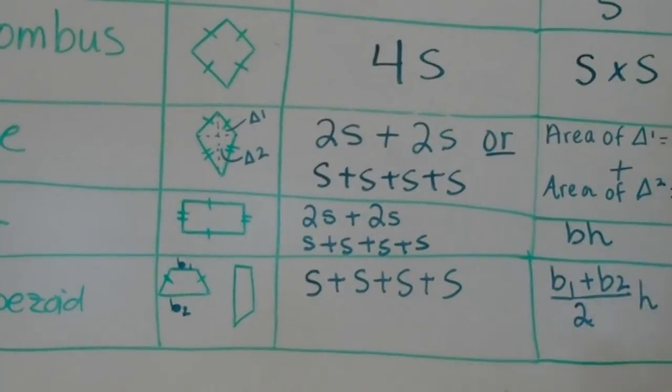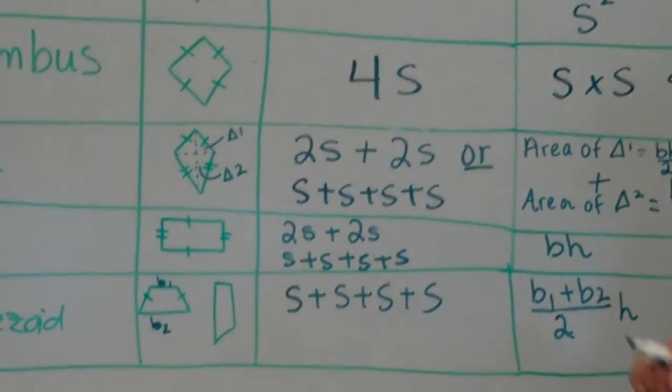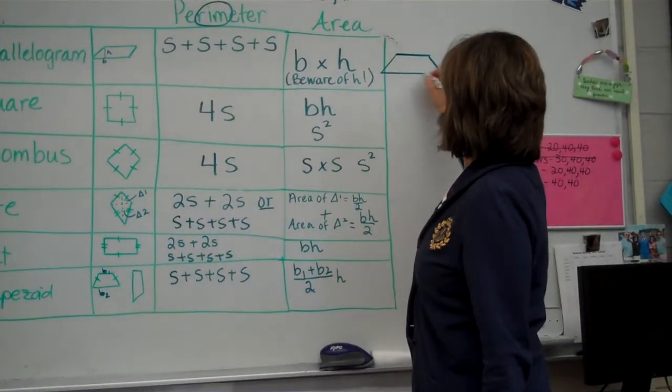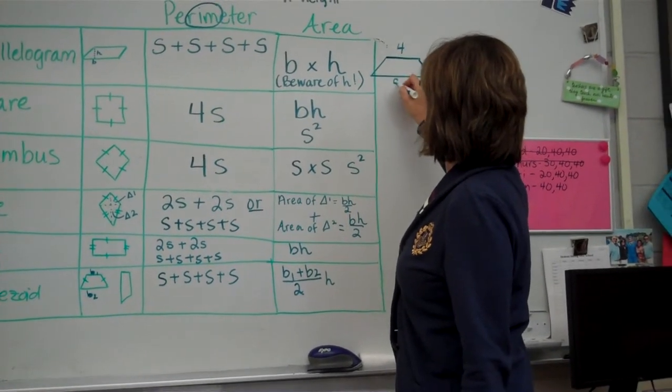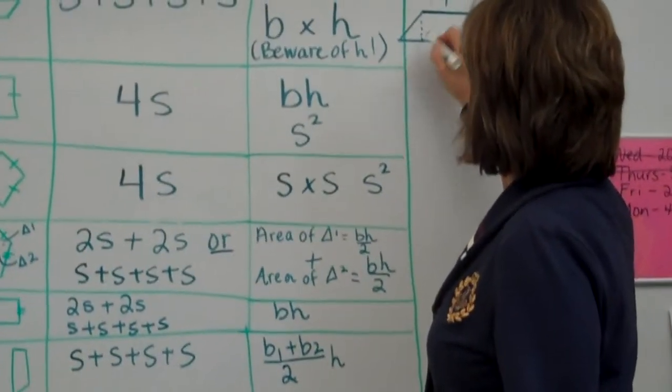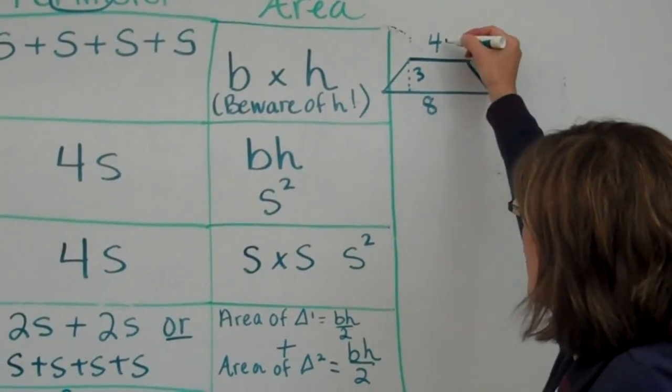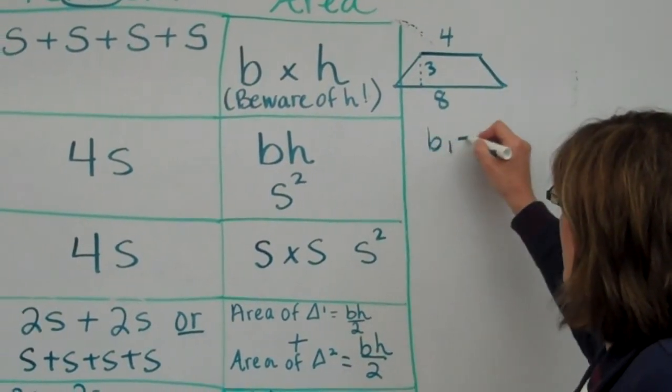So I'm going to do one of a trapezoid just to be sure you understand it. So here's my trapezoid. If this is 4 and this is 8 and my height is 3, to do the formula I do base 1, 4. I'm going to write it here.